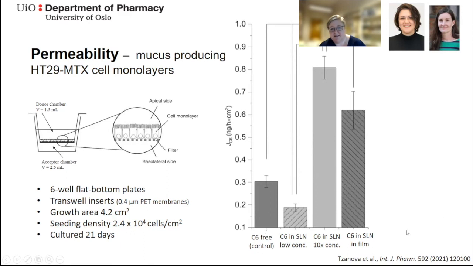Since we had varying conditions, it was not straightforward to obtain the same concentration of the fluorescent marker in all wells. The free C6 is a suspension precipitated into the medium from a methanol solution, so this has a very high concentration.